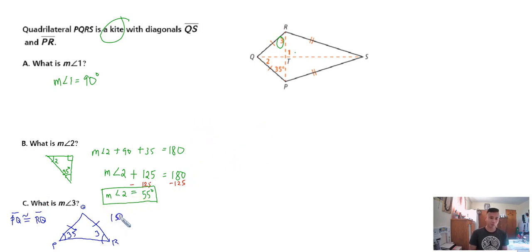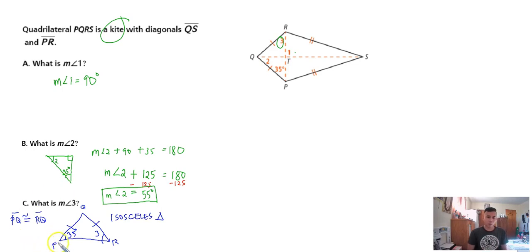So this given triangle is an isosceles triangle. By the definition of an isosceles triangle, if the two legs are congruent, they are considered two congruent legs for an isosceles triangle, and the base angles are also congruent. In your isosceles triangle, your base angles are always congruent.